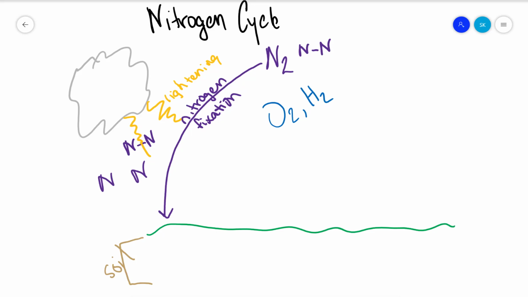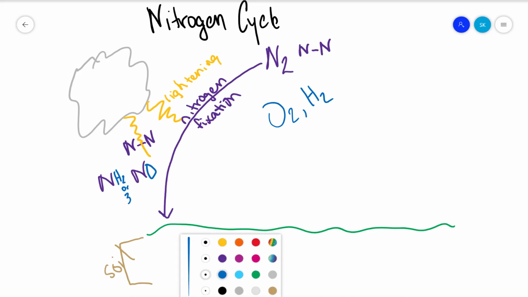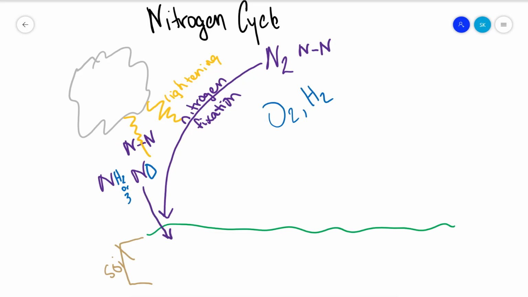We can bond it with a couple of H's and have NH2 or NH3, or we can have NO, nitrogen oxide. But either way, this is going to end up going into the soil because now we've created a usable form.